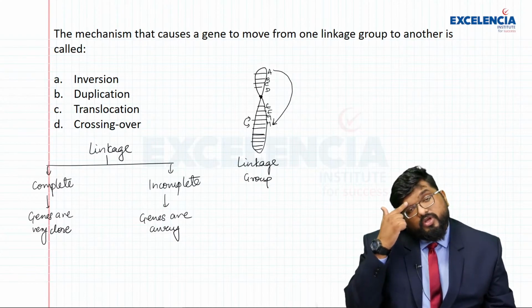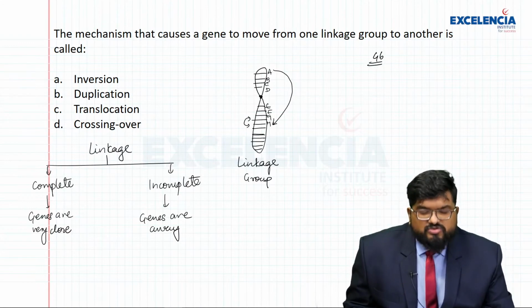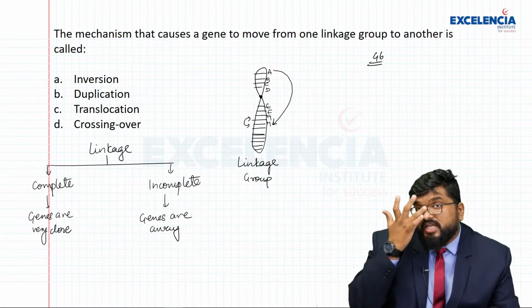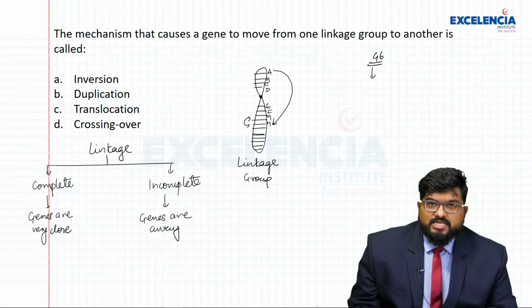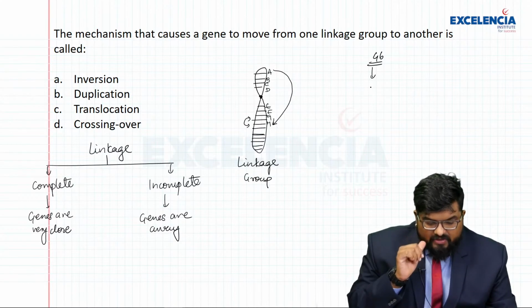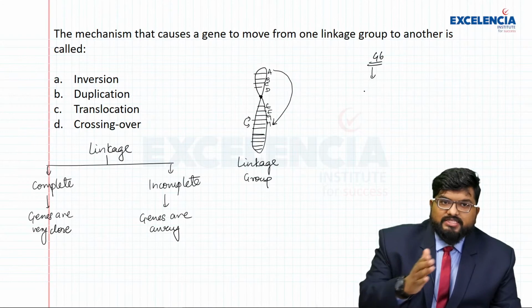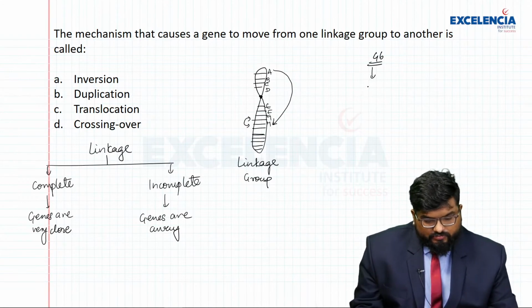So how many chromosomes do we have in total? We have 46 chromosomes in total, but does that mean we have 46 linkage groups? No. 46 is actually the diploid number, and every chromosome is present as another copy, so homologous chromosomes.